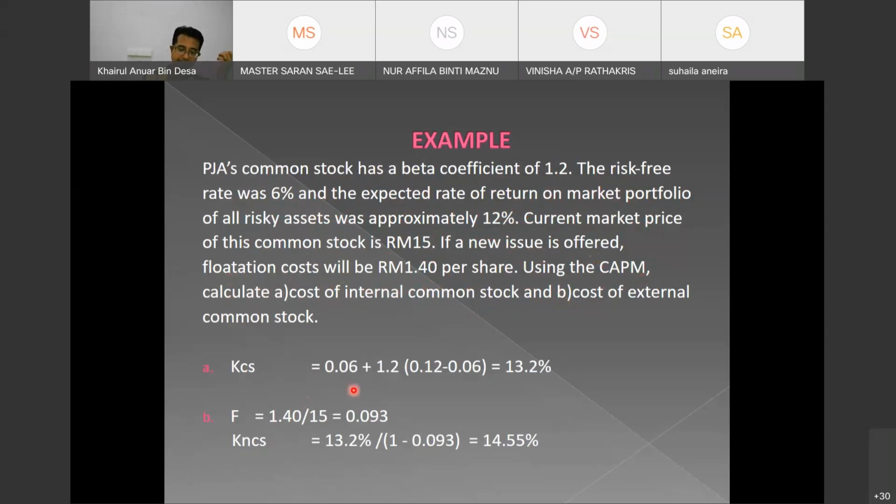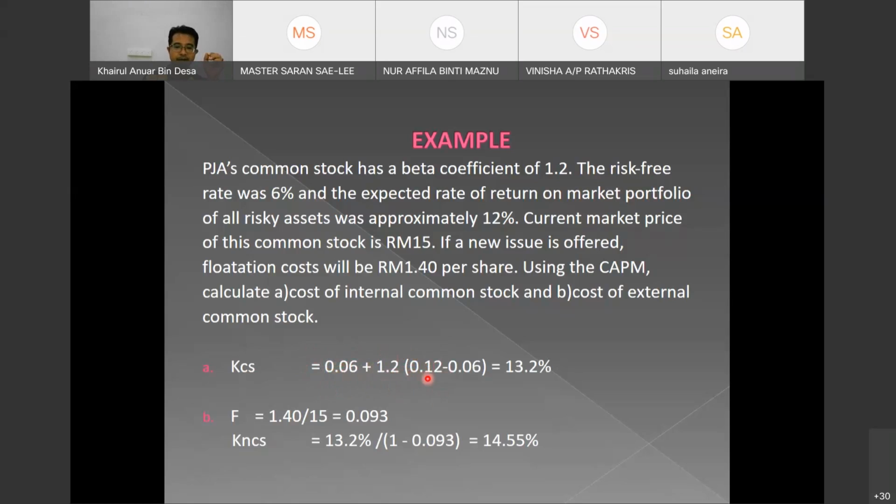Here, number 1, internal common stock. Right, 0.06. This is the risk-free rate. 1.2 is the beta.